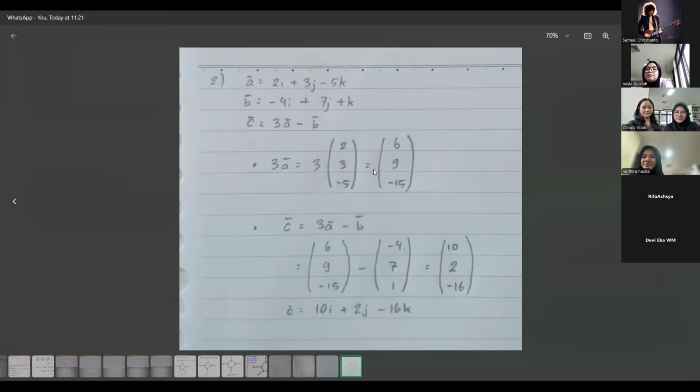Then the result is 6i plus 9j plus minus 15k.